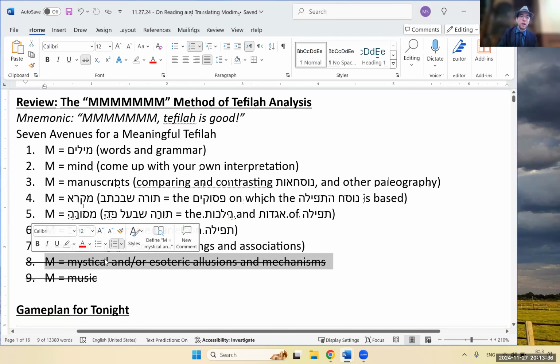So I don't know exactly what this variant is, but he says about pshuto k'mashmao maskimin anachnu lekusacha ulahan hagosacha ulahan hagascha es haolam. So he says what it means is we consent, we agree.